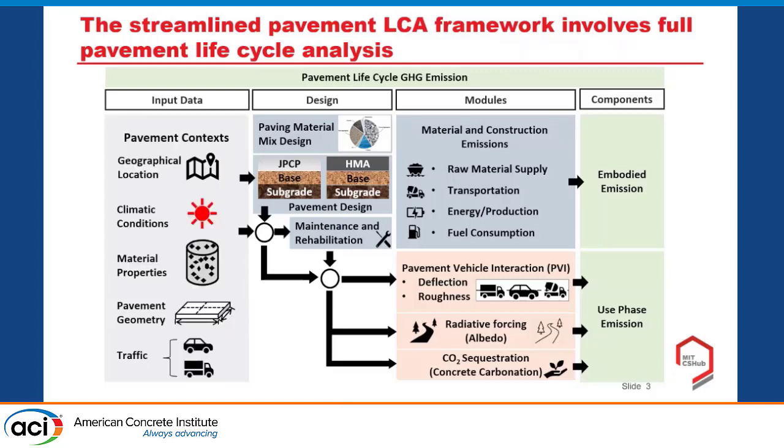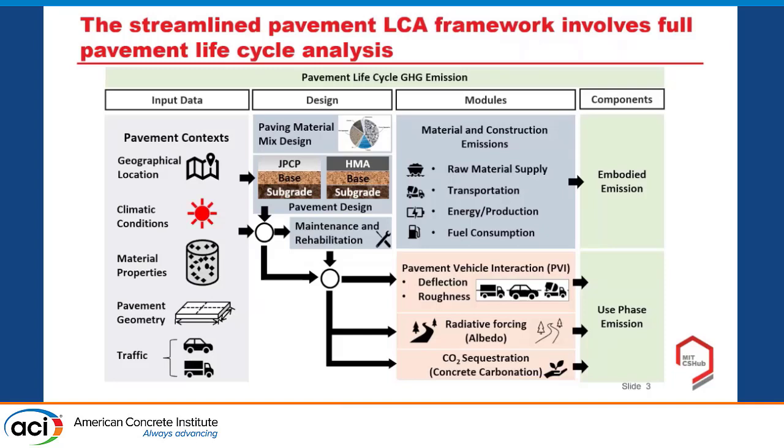So that is all the data we have considered to develop this streamlined tool, which includes the geographic location, climate conditions data such as temperature, radiation, raining days, moisture, etc., and material properties.